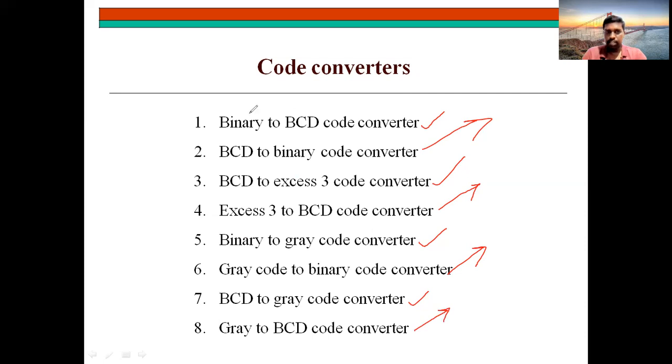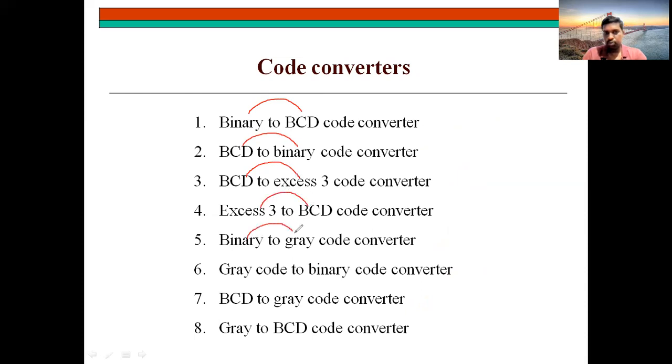Because if I say binary to BCD, you will do BCD to binary, the reverse of the first one. If I say BCD to XS3, you can do XS3 to BCD, the reverse. If I say binary to gray, you can do gray to binary, the reverse method. If I say BCD to gray, you can do gray to BCD. So it is easy for you if you listen carefully.